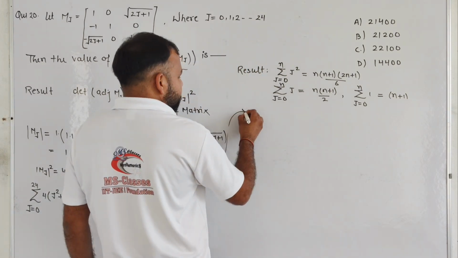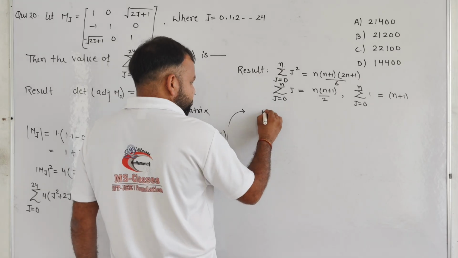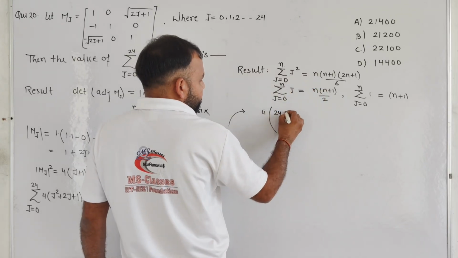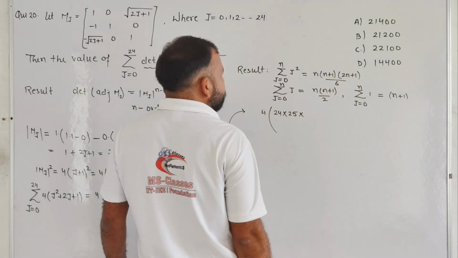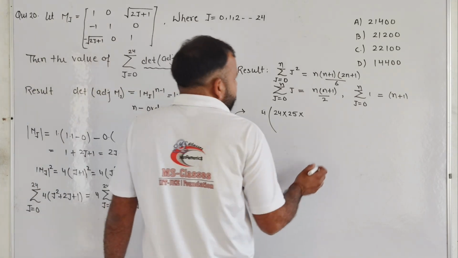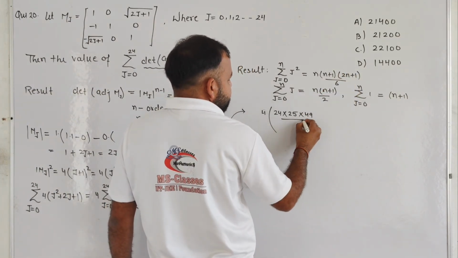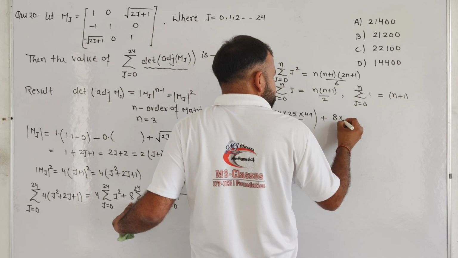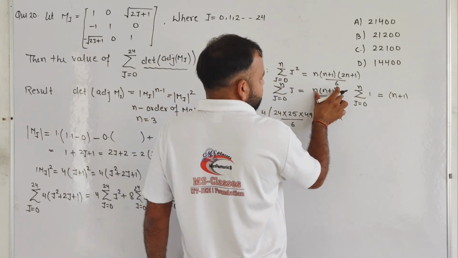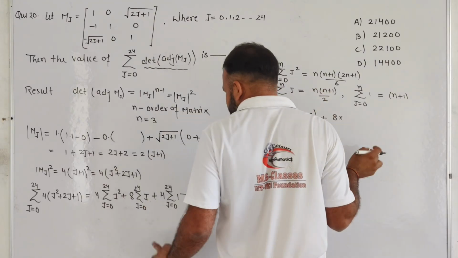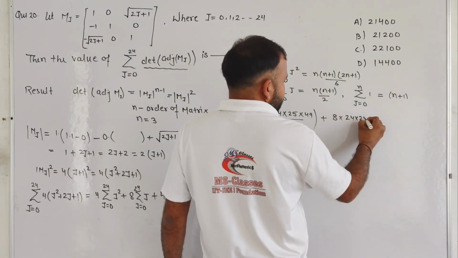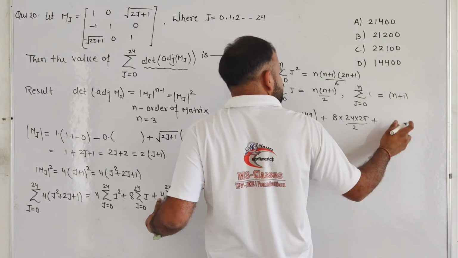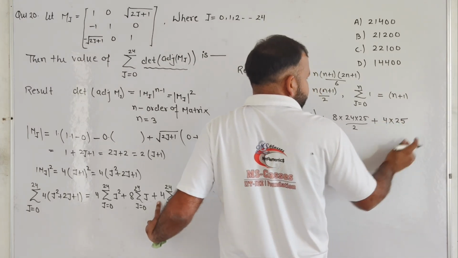This expression becomes 4 times the summation of j square: putting n as 24, 24 into 25, into 2 times 24 plus 1, that is 49, divided by 6, plus 8 times the summation of j, which is n into n plus 1 divided by 2, so 24 multiplied by 25 divided by 2, plus 4 times the summation of 1, j from 0 to 24, which becomes 25.